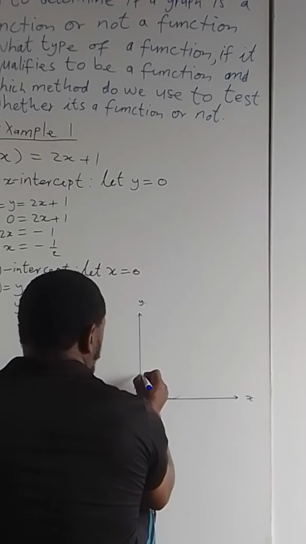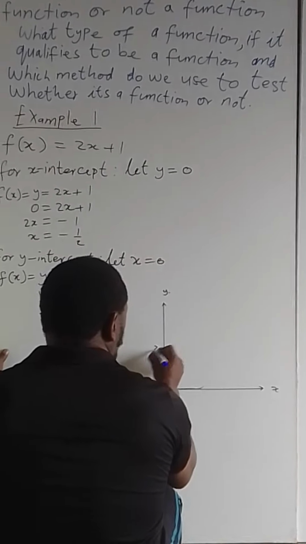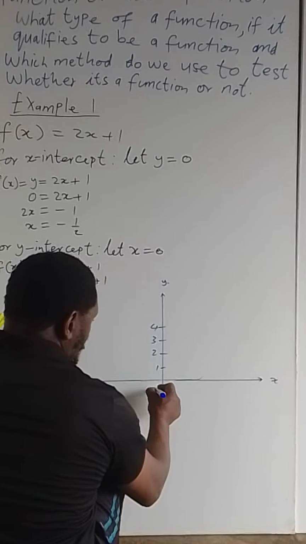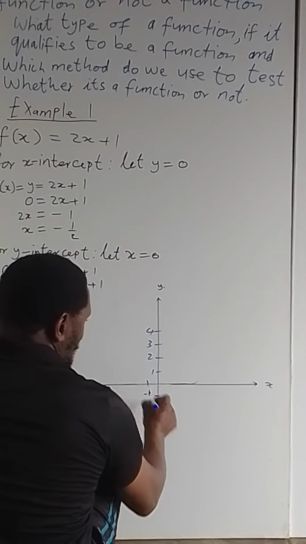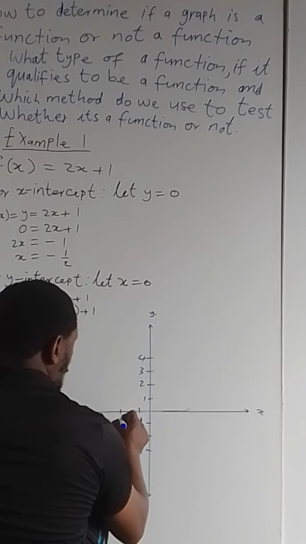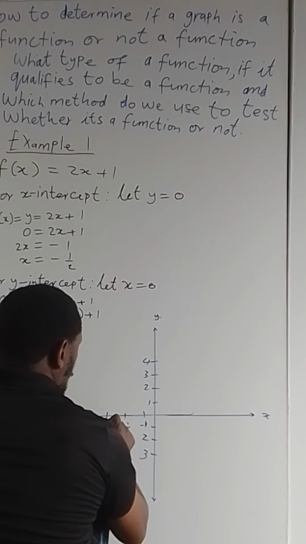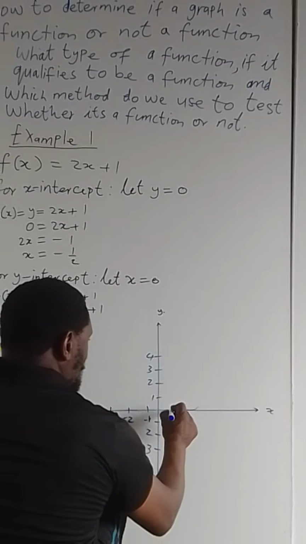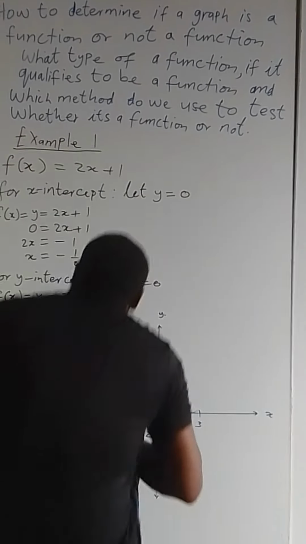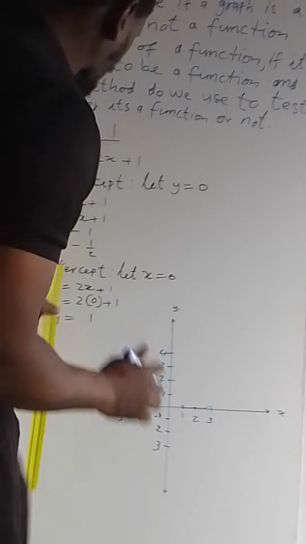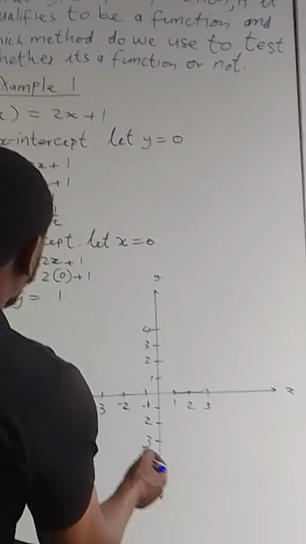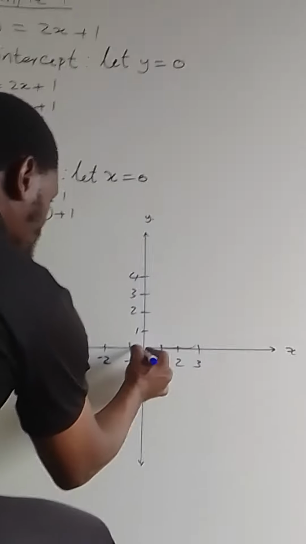You have 1, 2, 3, 4 on the y-axis, then -1, -2, -3, and so on. Then you have positive 1, positive 2, positive 3. Let's grab the 1. x is minus half. Here is minus half.